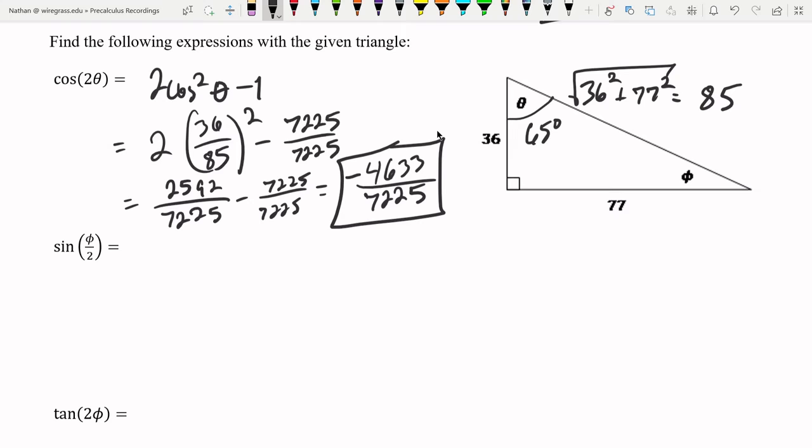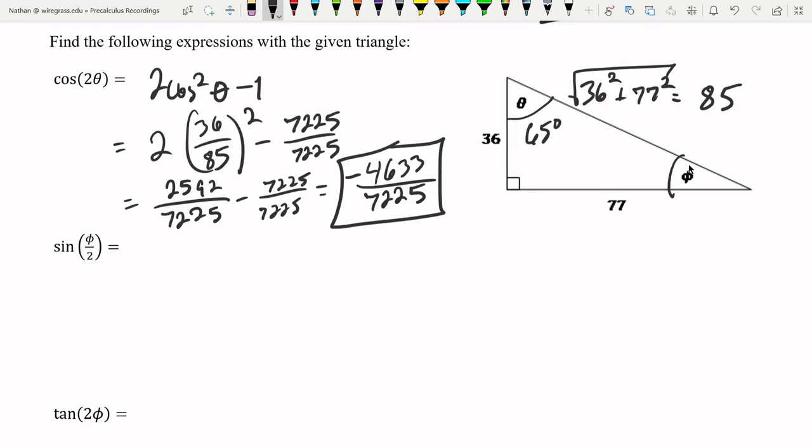All right, for sine of phi over 2, phi is this angle down here. And we want sine of phi over 2, it's a half angle. Well, let's look at the half angle formula. Now, half of phi is already an acute angle. It's already in the first quadrant. If you take half of it, it's going to be just in the first quadrant again.